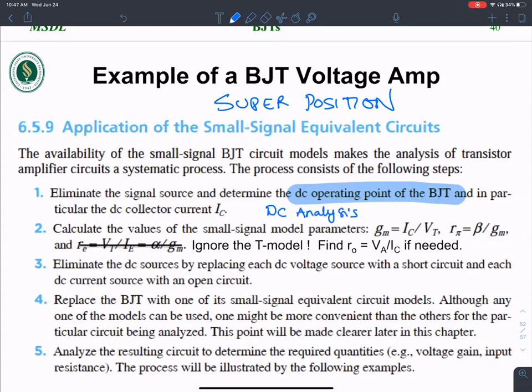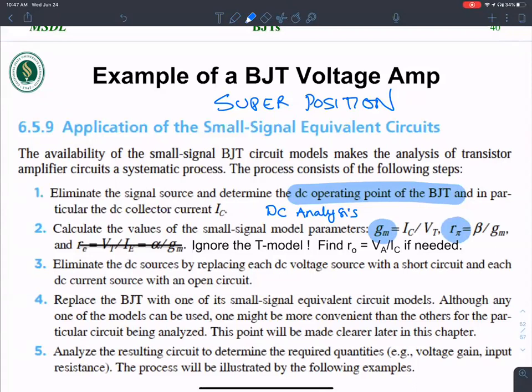We do the DC analysis and calculate the node voltages and node currents: VB, VC, VE, IB, IC, IE. That's the DC analysis. Once we calculate that, we are in good shape to calculate the parameters gm, r pi, which represent the marriage between the DC and AC analysis.